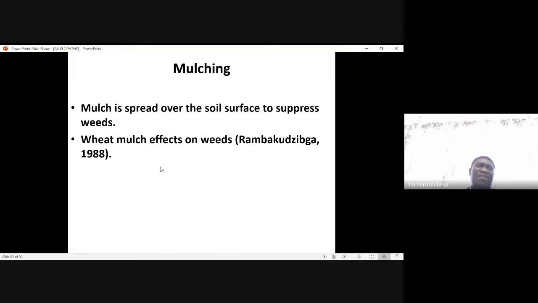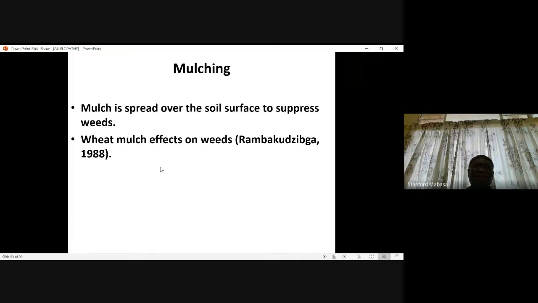In fact, for wheat farmers, you may notice that after wheat in October, we get some rains in November, and usually the wheat fields may not have a lot of weeds due to the allelopathic effects of wheat.